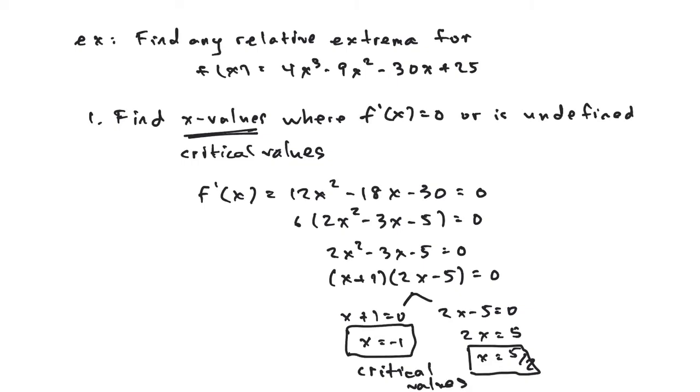Okay, so the next thing we want to do is figure out what the sign is of f prime of x on either side of the critical values. So this is what I'm going to do, I'm going to draw a number line. So this is step 2, check the sign of f prime of x on both sides of the critical values.